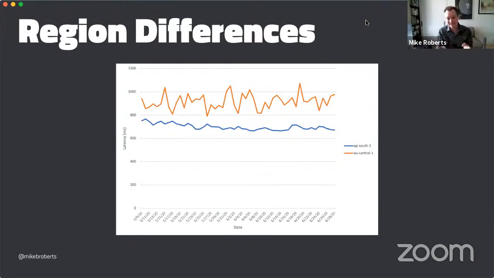The other thing to notice here is I tested this over nearly 2 months, and you can see that there is a consistent difference in time between these two regions over this time period. Now, I don't know for certain what causes this. I have some theories. Certainly Amazon haven't said anything. But it is worth knowing, if you are really tight on your cold start times, that what region you deploy to could have an impact.